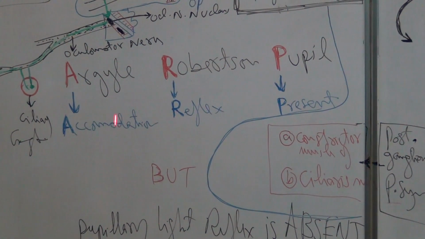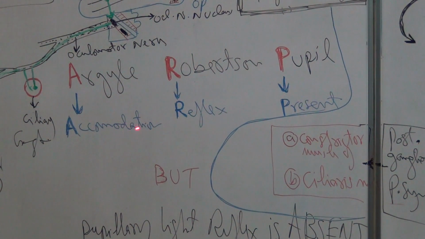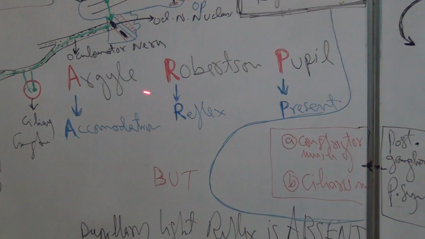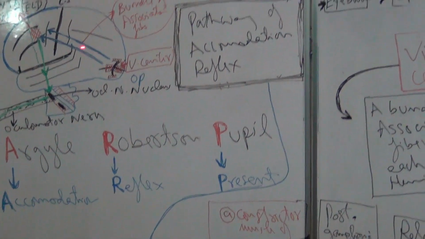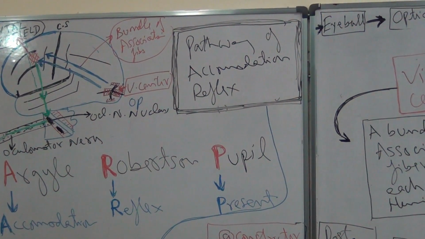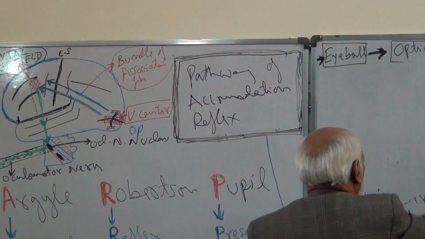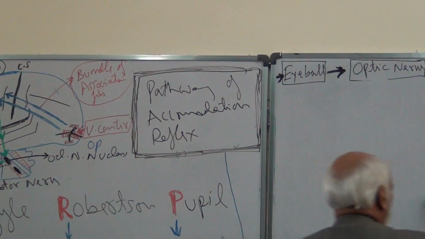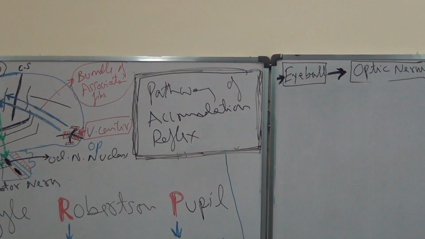In Argyll Robertson pupil, the accommodation reflex, that is constriction of the pupil in response to accommodation, will be normal. It is because of this pathway, which differs from the pupillary light reflex pathway. Now I explain the accommodation pathway with the help of a diagram.